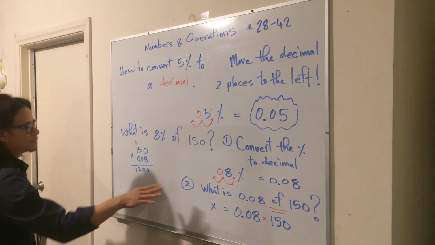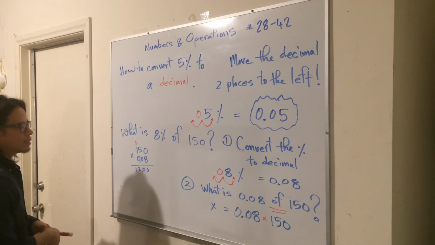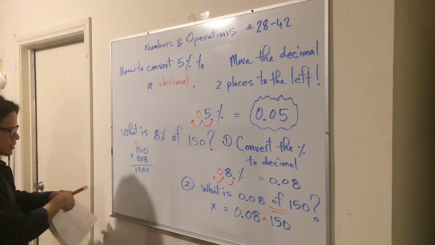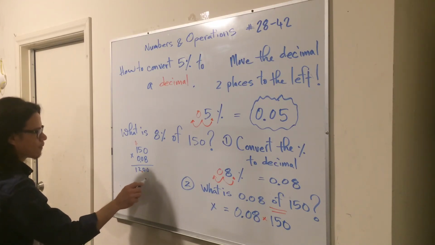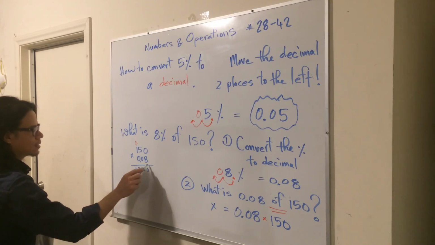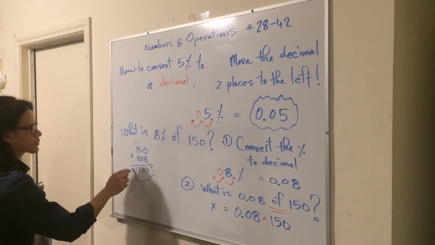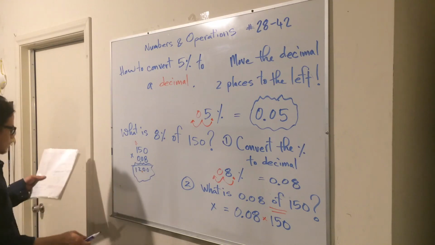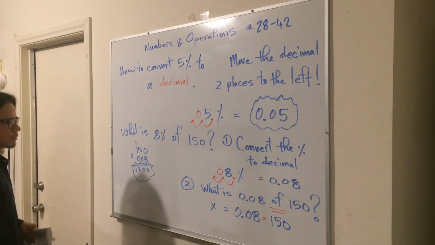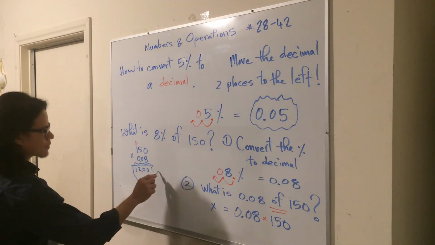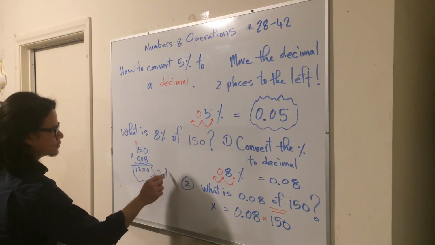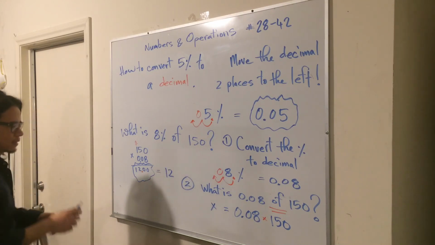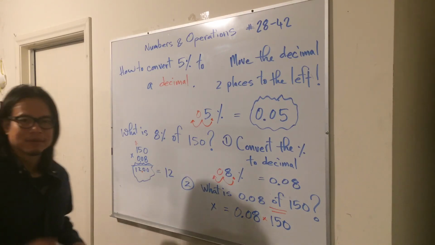So 0.08 of 150 is 12. Let's just write it as 12. All right.